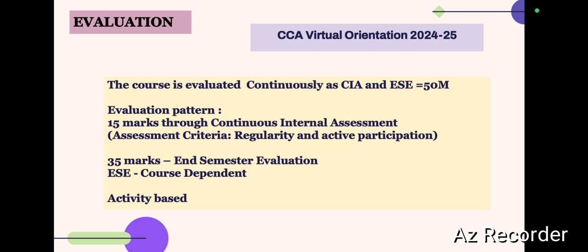And at the end of the semester, that is Sem 2, students will be divided into groups or individually they are going to be allotted projects. So the assessment and evaluation for end semester is going to be totally activity based and project based, and this will be evaluated for 35 marks. So overall the CCA course evaluation is for 50 marks.